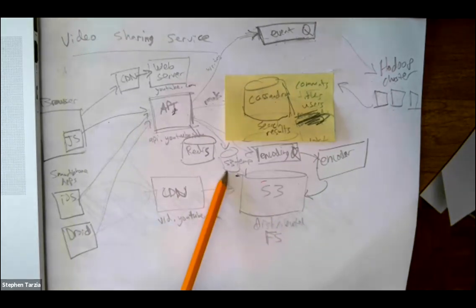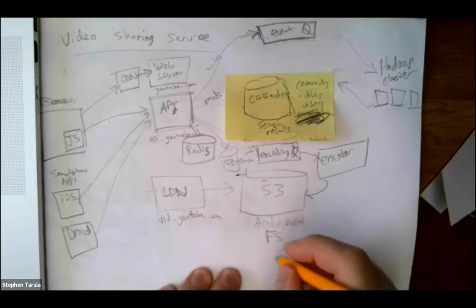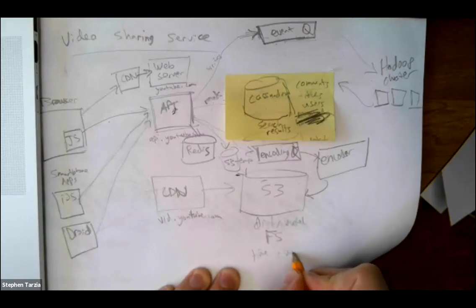Because remember, the user is going to be maybe providing a video that they shot on their iPhone. It's one big video. It's maybe high quality. What's stored here is, so we have time chunks, and we have different quality levels.